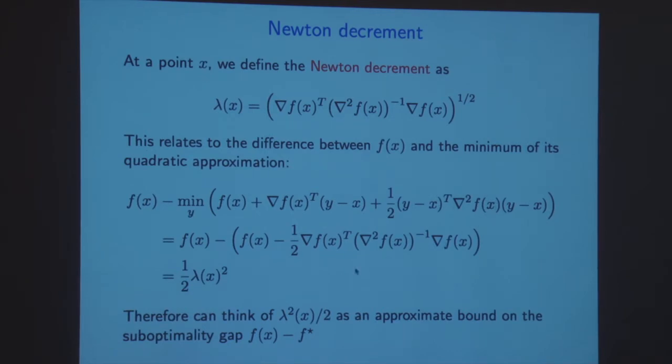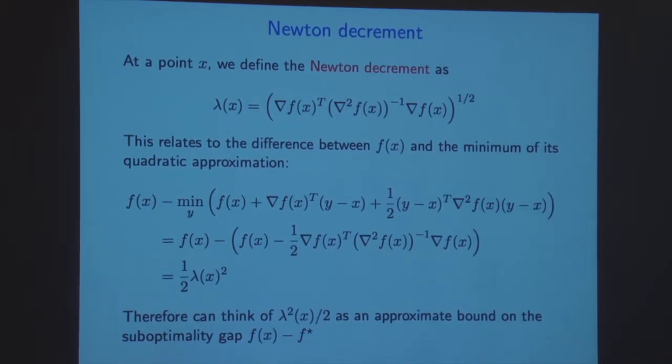So overall, we end up just getting a minus 1/2 times that term. And remember, this is just exactly equal to lambda of x squared over 2, by the way we've defined it. So we can think about it as an approximate bound on the suboptimality gap, right? It's not really giving us, according to this calculation, a very rigorous bound on the suboptimality gap.